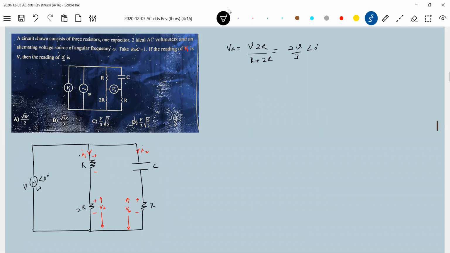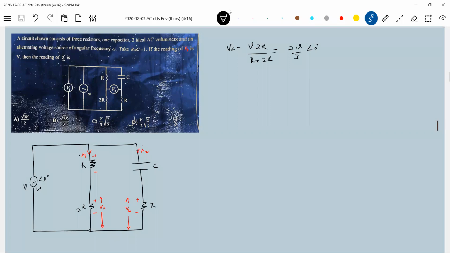In RC circuit, what will be the voltage? Current leads the applied voltage, no? And any information given, R omega C equal to 1.